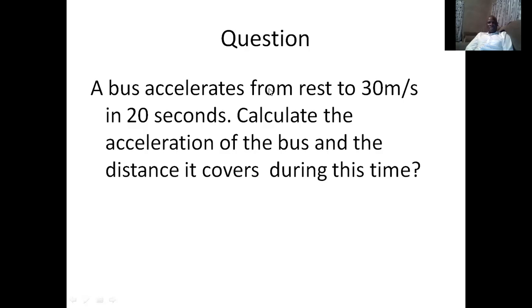What it means here is that it is coming from rest, meaning the initial velocity is 0, and it has gone to the final velocity, which is 30 meters per second. And the whole journey has taken 20 seconds. Calculate the acceleration of the bus and the distance it covers during this time.